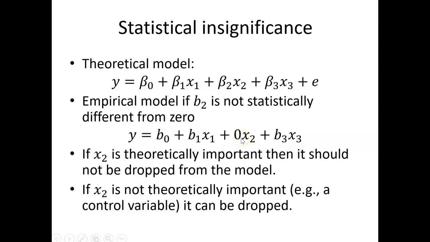It tells you that, holding constant location, we've got an unbiased estimate of square foot and something else. Now if X2 is not theoretically important, it might be a trivial variable or what's called an irrelevant control variable, then feel free to drop that variable from the model.